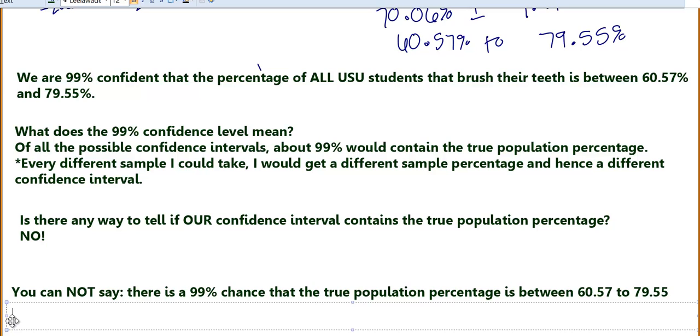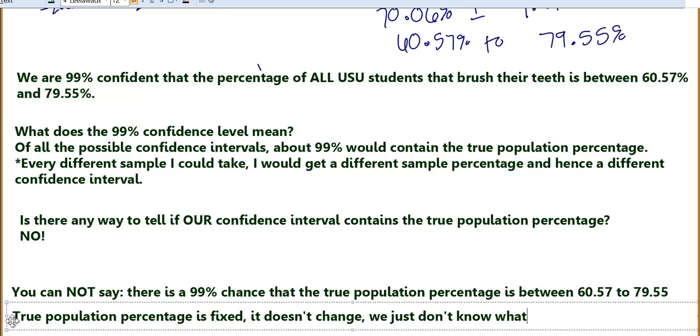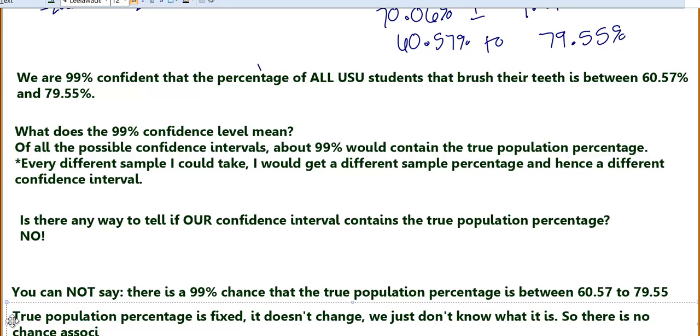The reason why is that the true population percentage is fixed. It doesn't change. We just don't know what it is. So there is no chance associated with it.